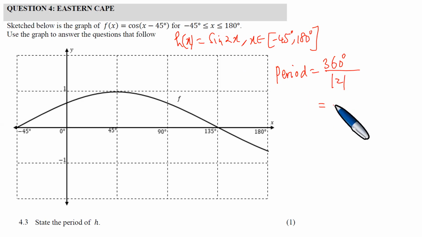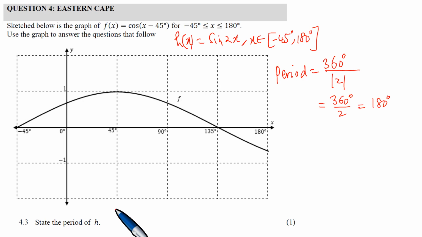So this number 2 reduces the period of the function. Therefore, you divide 360 by the modulus of 2, which is exactly 2, and 360 by 2 is 180 degrees. So the period of h is 180 degrees.